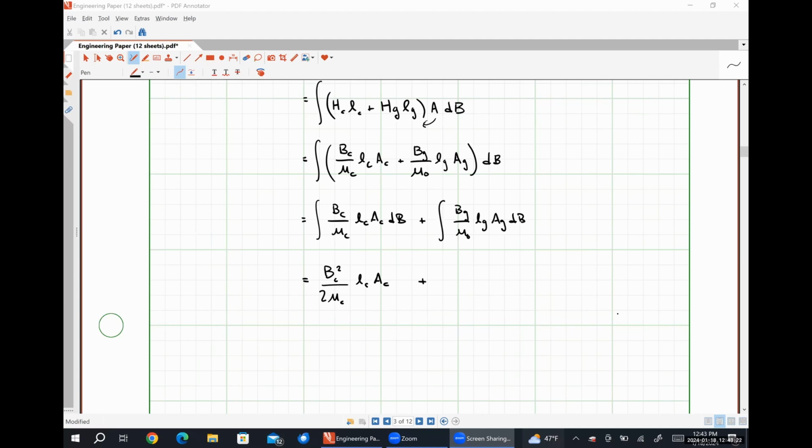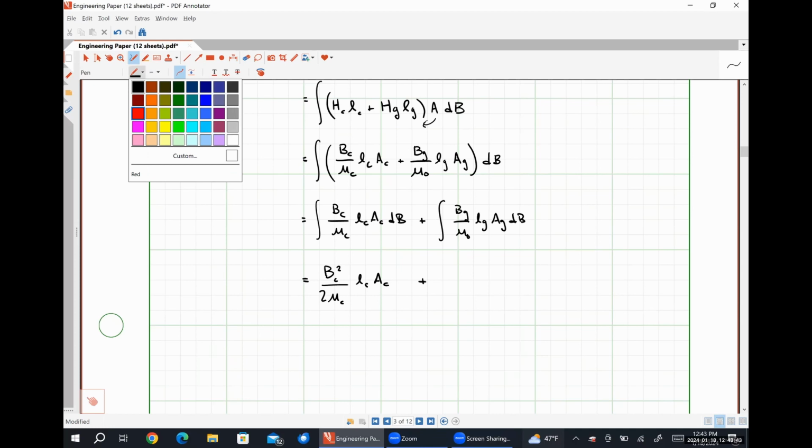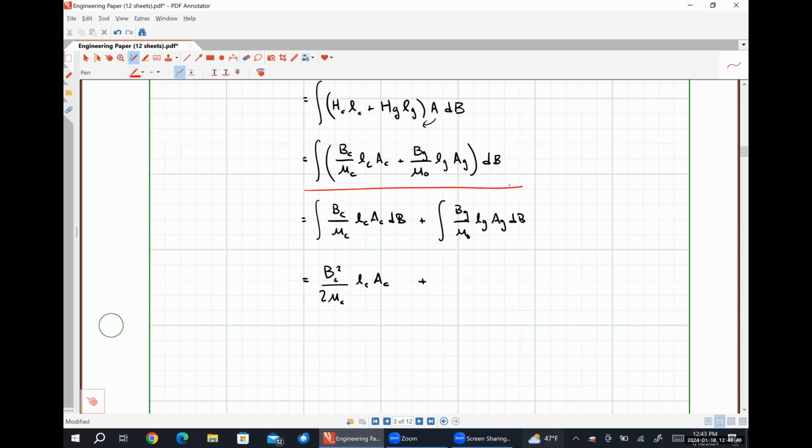I've done a lot of math, but I don't know when I got kicked off of Zoom the first time. So ballpark, where were we at? You were still writing that second line there that's on your screen. This one right here that I just underlined.